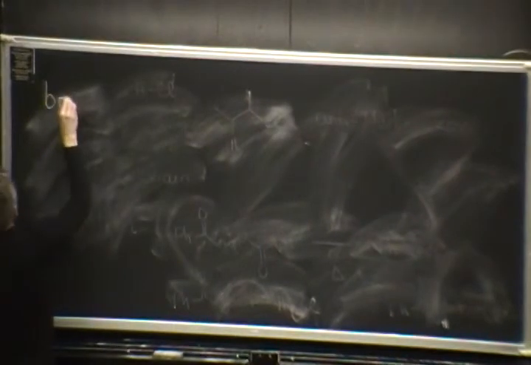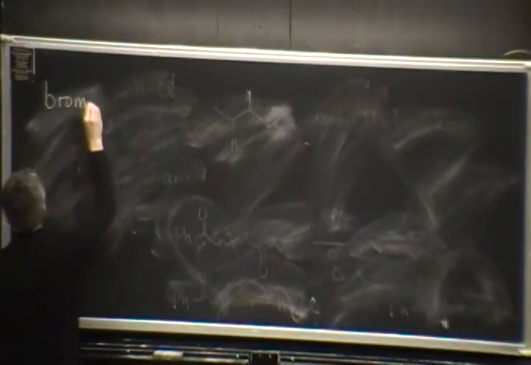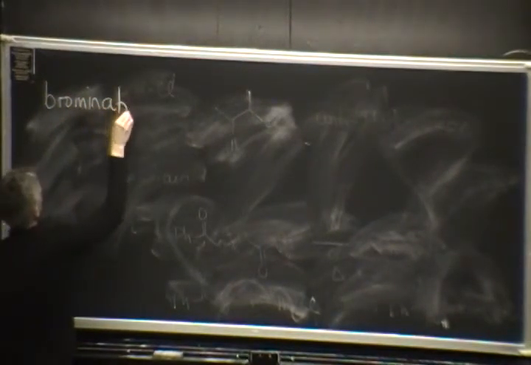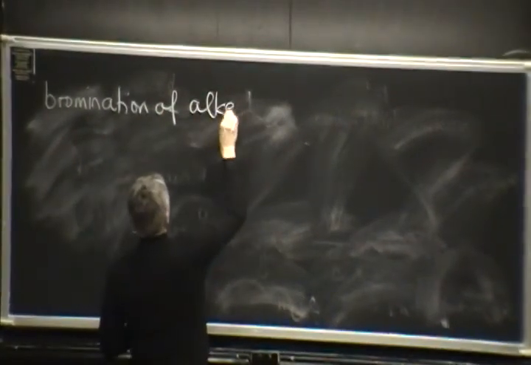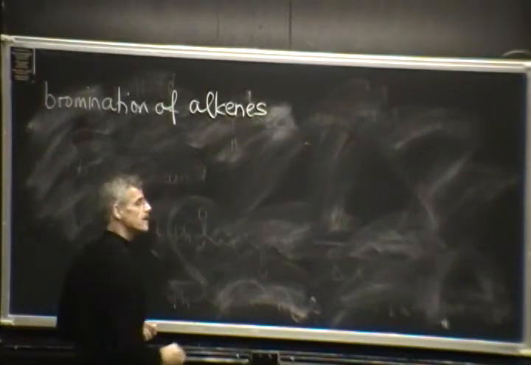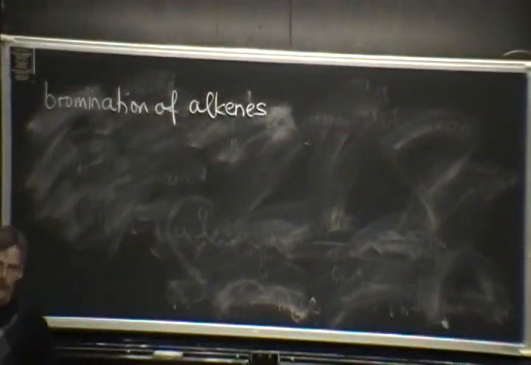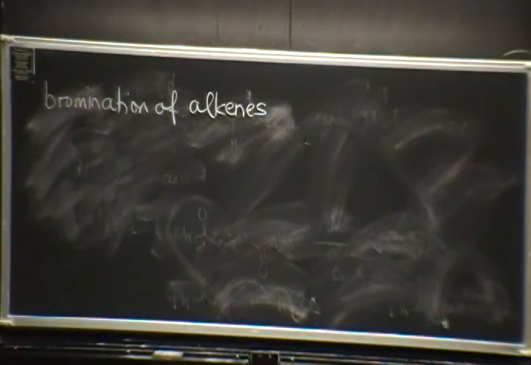So the bromination is generally one of the major parts of the alkene chapters. So this is an important mechanism. Again, I guess what I'm telling you is that bromination is definitely a mechanism that you want to practice and you want to know about.